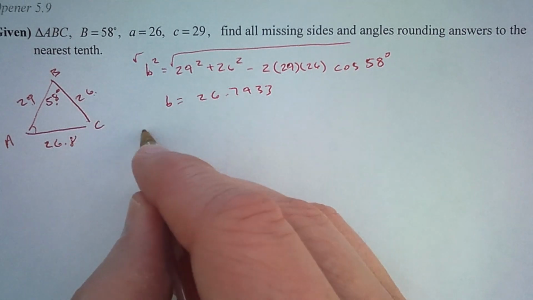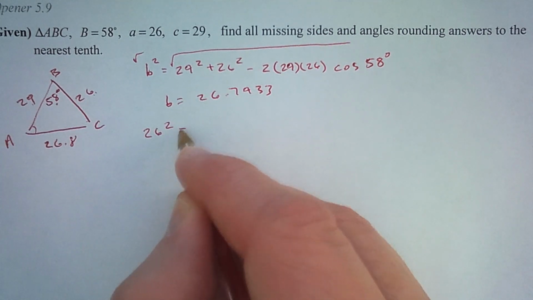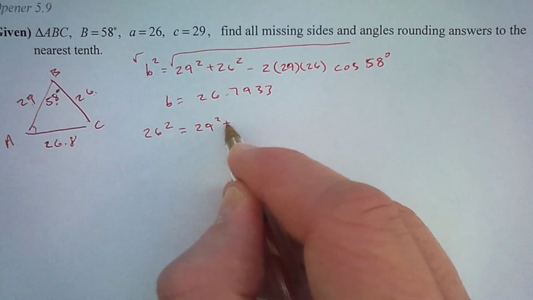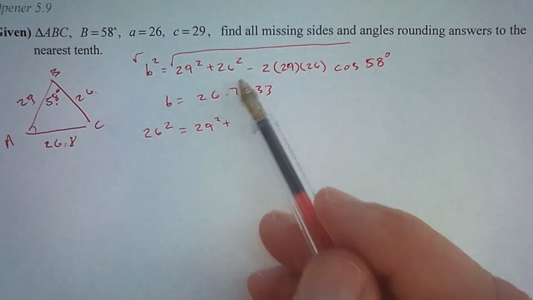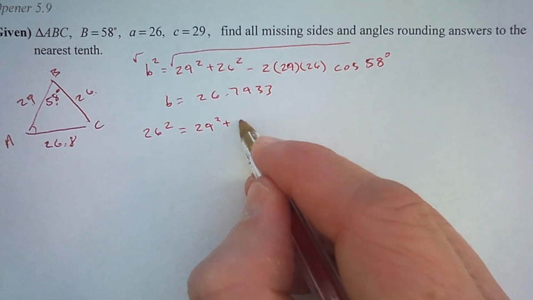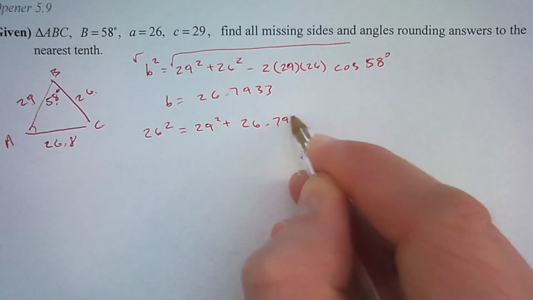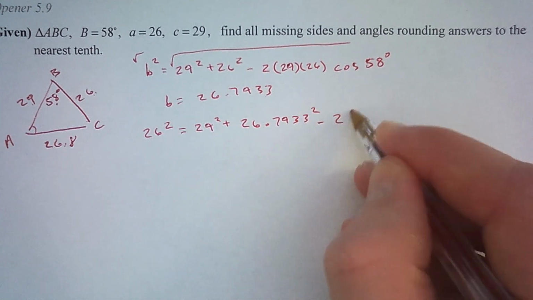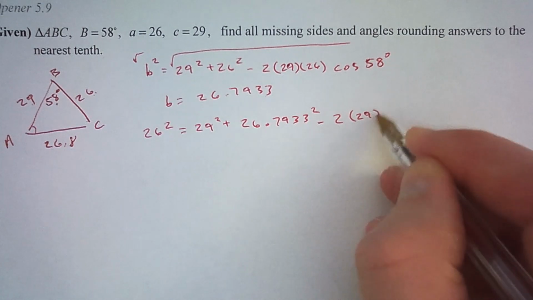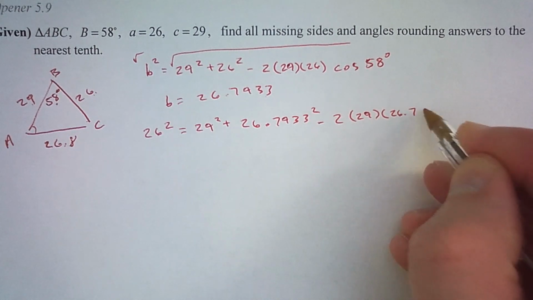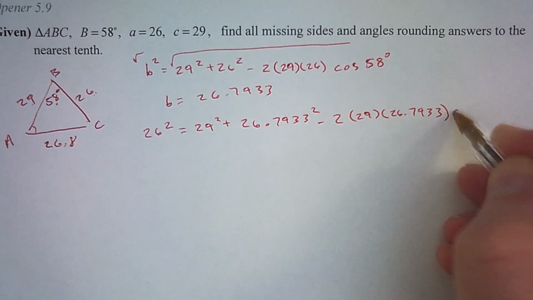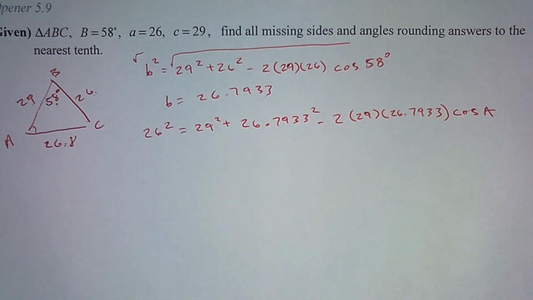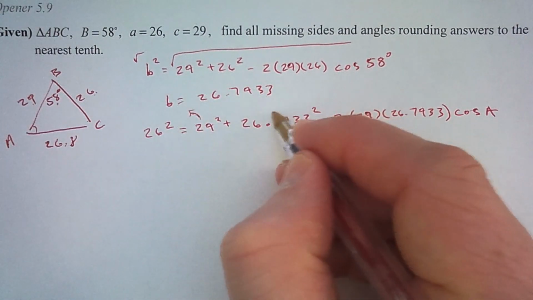So that's 26 squared equals 29 squared plus, and here's where I have to use this side, so I'm going to use the extra decimal places, 26.7933 squared minus 2 times 29 times 26.7933 cosine A. Okay, so I can subtract both of these.